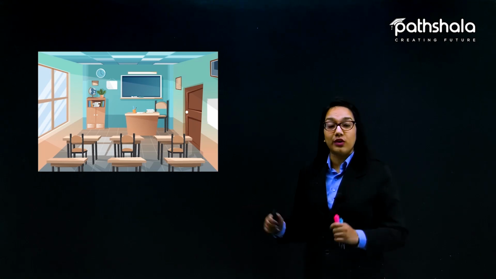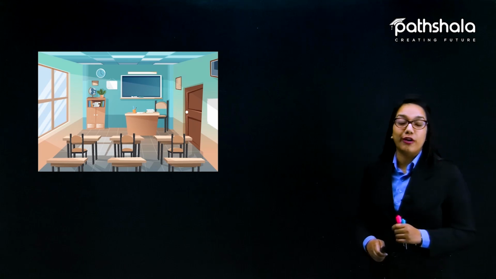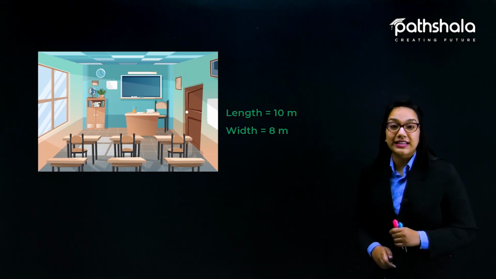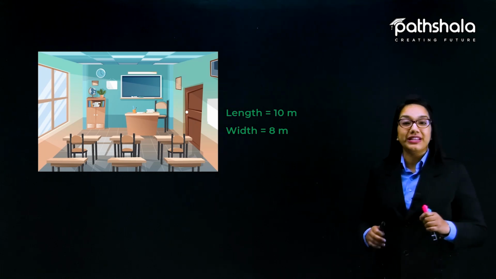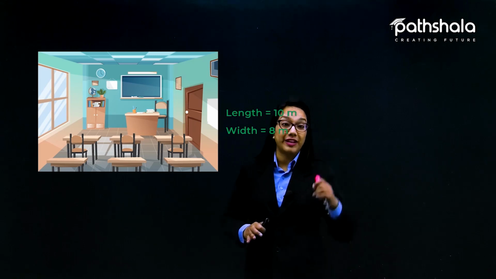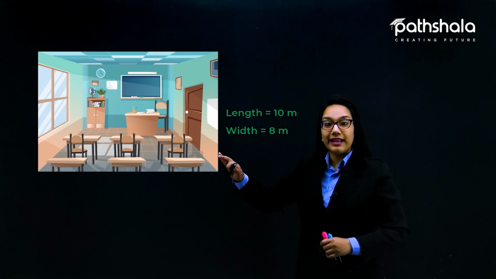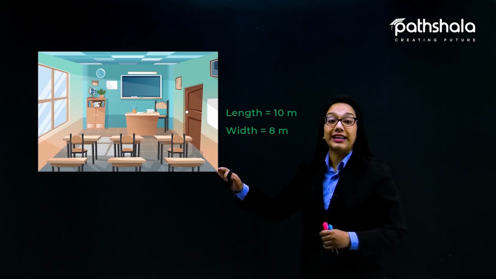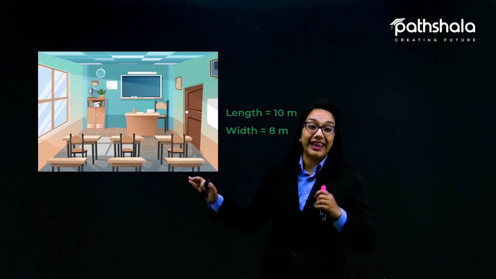The length and the breadth of this floor are given as 10 meters and 8 meters. So the area we want to find is the area of the rectangular floor whose length is 10 meters and whose breadth, or width, is 8 meters.